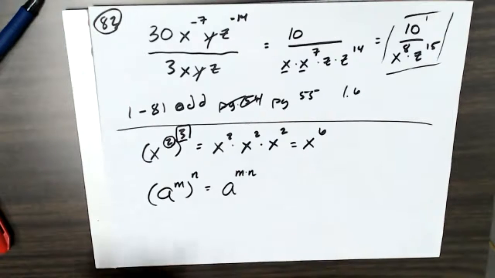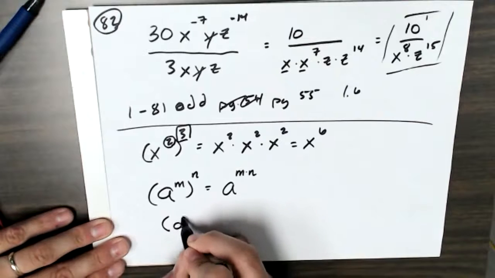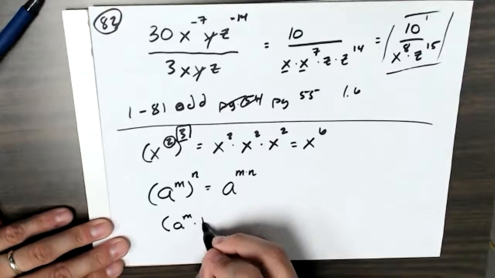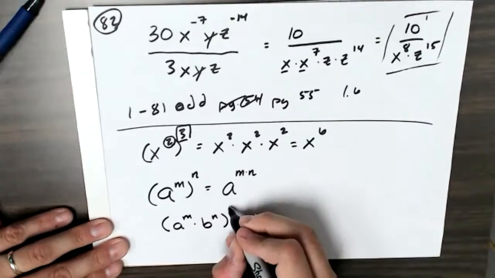Now, there's a few rules that go with the power rule, and I need you to be very careful about this next one. It's not really in this section; it's going to be in further sections moving forward. It's when we have multiple terms being multiplied in the parentheses. So if I had, let's say, a to the m times b to the n, but now we're going to raise it to the t power.